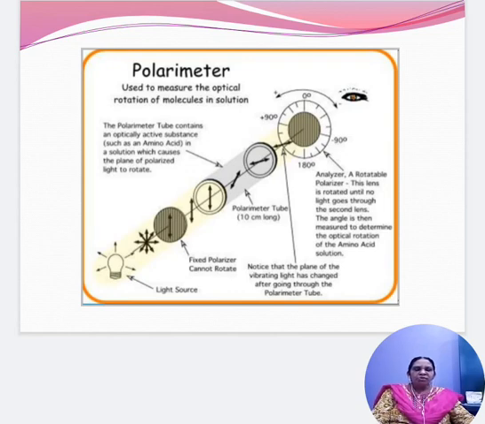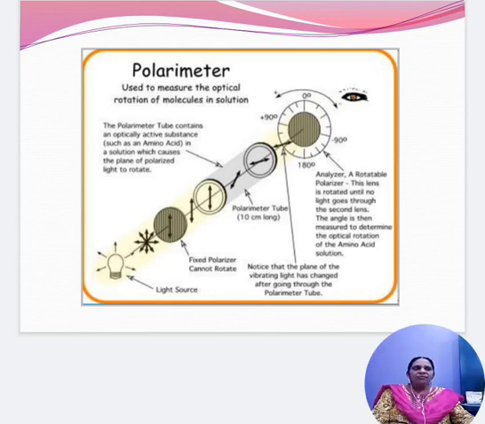The tube is about 10 centimeters long. The tube contains an optically active substance such as an amino acid in a solution, which causes the plane of the polarized light to rotate.